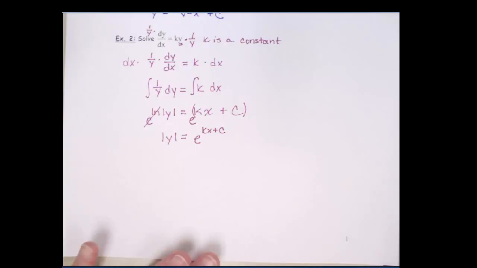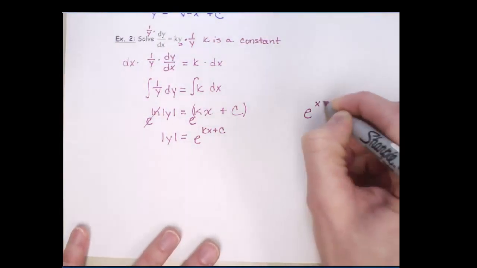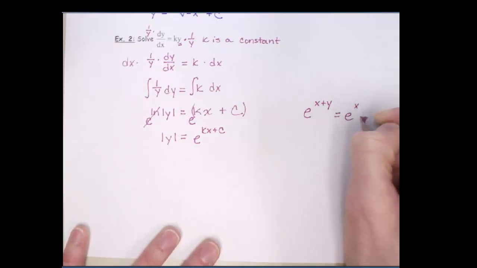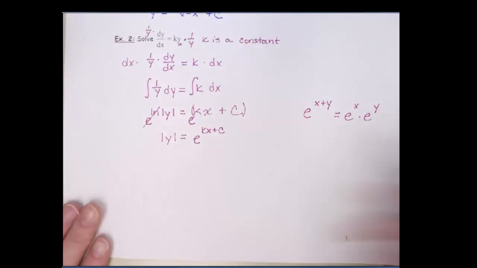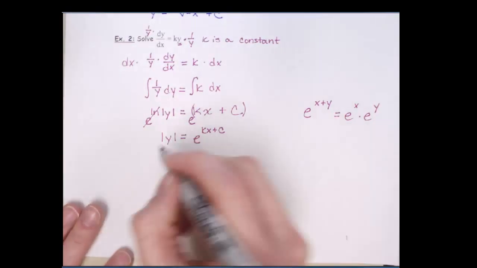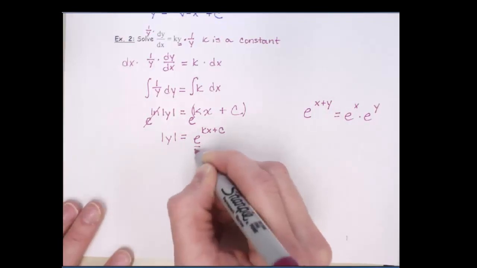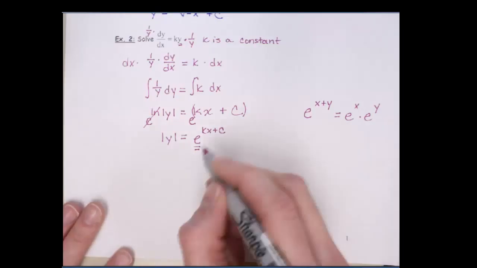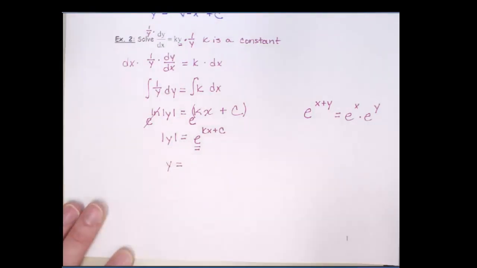Now, if you think back to your exponential rules, e to the x plus y was the same thing as e to the x times e to the y. Hopefully that's familiar. So we're going to break this up. And now I can actually drop the absolute value bars because an exponential function is positive. It's above the x-axis by its range. So it's already positive, so I don't need to keep the absolute value bars.